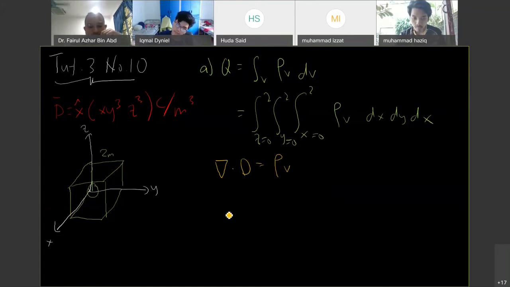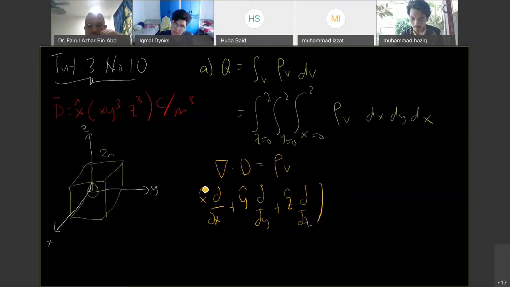So del dot D in Cartesian is x cap partial d over dx plus y cap partial d over dy plus z cap partial d over dz. This is the expression for del in Cartesian. The vector D is x cap x y to the power of 3 z to the power of 3.